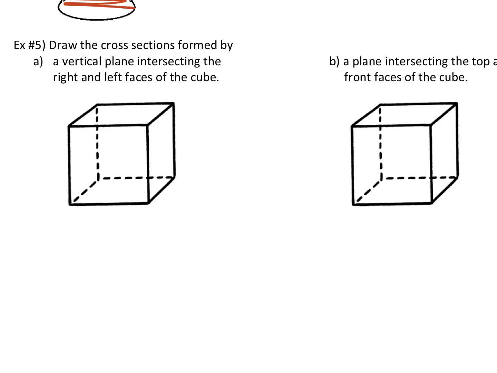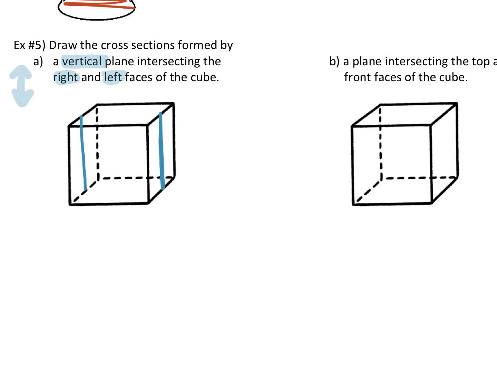Keywords. We have a vertical plane. Which way is vertical? Up and down. A vertical plane intersecting the right and left faces of the cube. So you want to go vertically through the right and left faces. Here's what that means. You have to draw a vertical line through the left face, top to bottom of the left face, and a vertical line top to bottom through the right face.